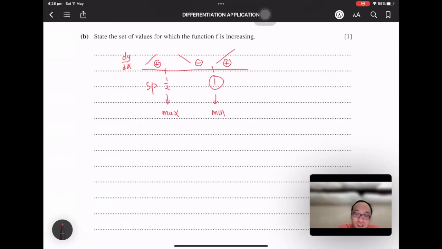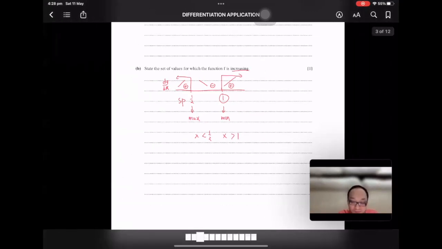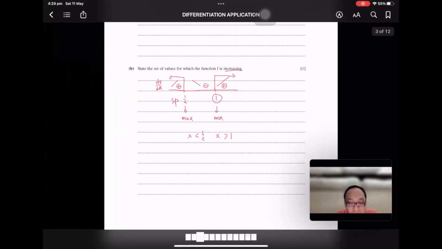So the function will be increasing in these regions: when x is smaller than half or x greater than 1. So we can determine the increasing and decreasing regions using the number line of the first derivative. So we do the gradient check around the stationary points.